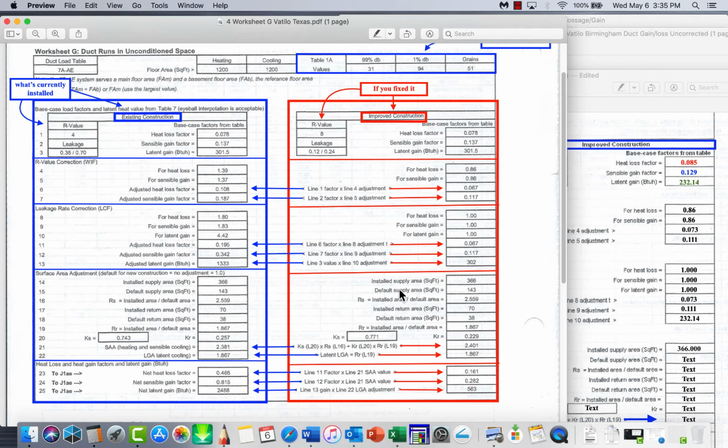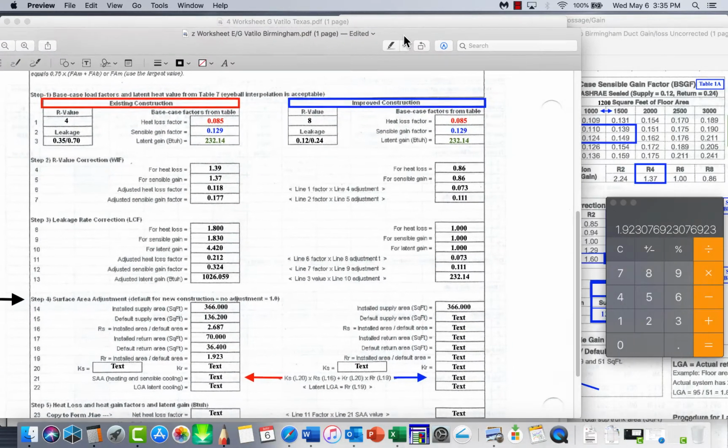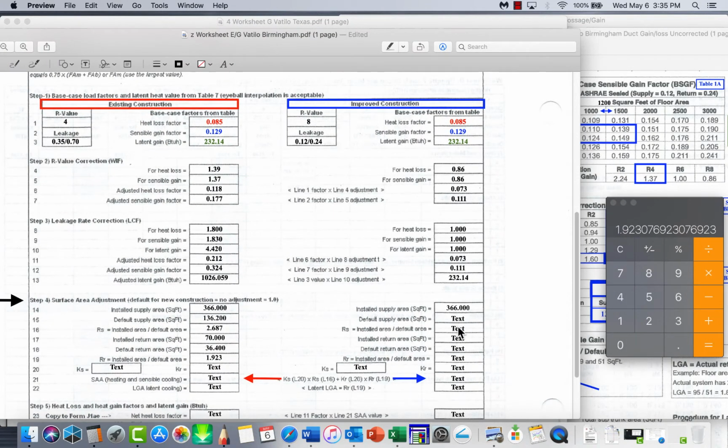So all the way from line 14 down to line 19, we can actually transpose those numbers right over to the corrected. Now remember, this corrected is the R8 when we sealed it up, so we're looking to see how much better everything is. But like I said, the footages and the actual amount of ductwork in there isn't really changing. Now of course, if you change the ductwork, then you would actually have to redo all this just like a new construction.